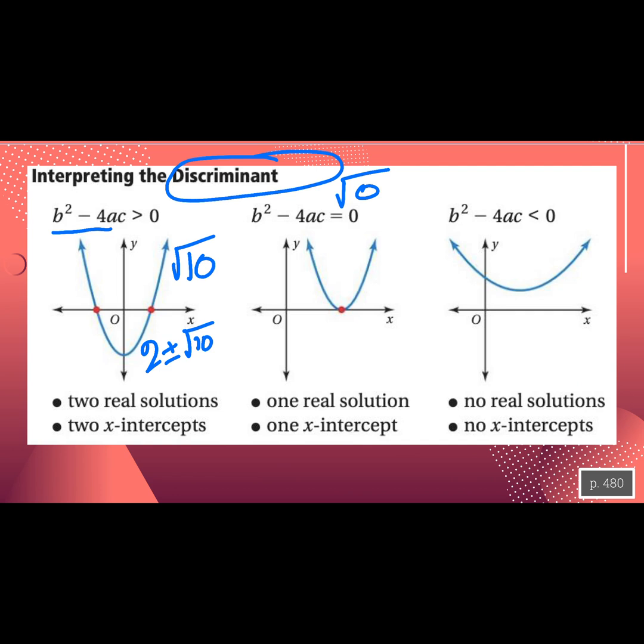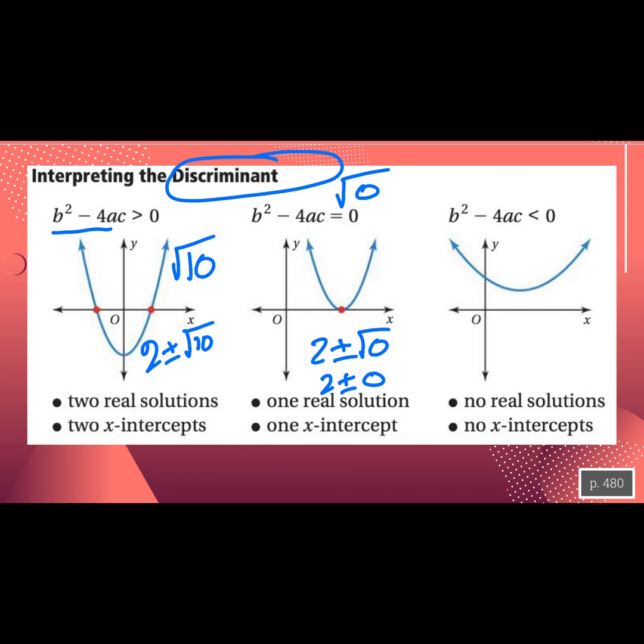So if our discriminant is greater than 0, we have 2 x values that are our answer. If our discriminant is 0, the square root of 0 is just 0. So 2 plus 0 still gives us 2, and 2 minus 0 still gives us 2. So it makes sense that if our discriminant is 0, we will have one solution.